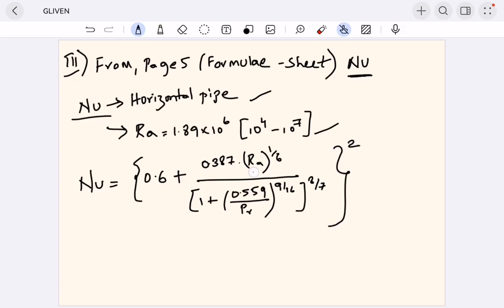Now if you plug in the Rayleigh and the Prandtl number, we get the Nusselt number, and it's 17.4. That's the Nusselt number I have.